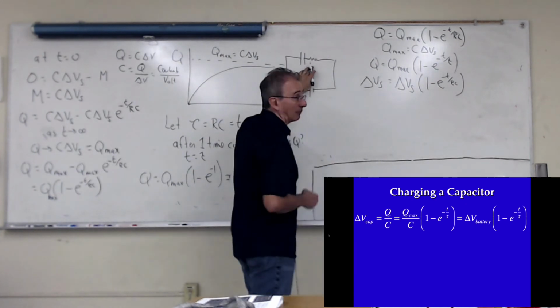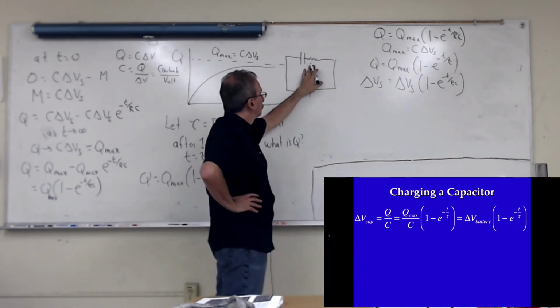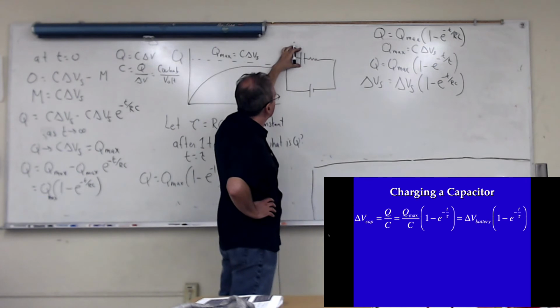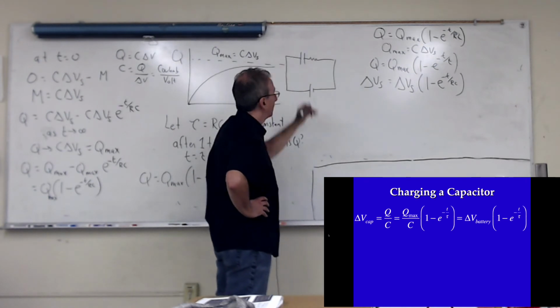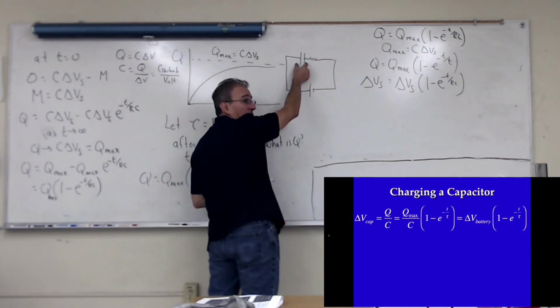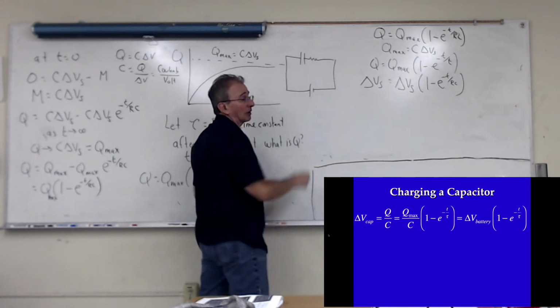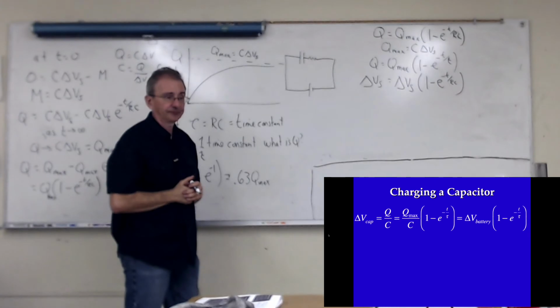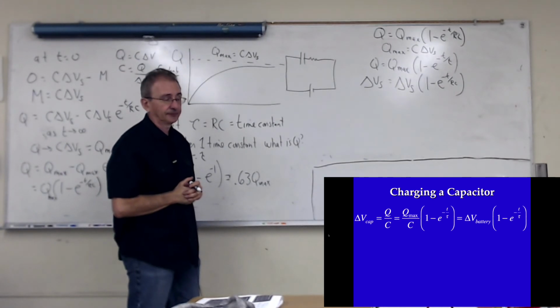After a long time has passed, no more current flows because this thing is fully charged. And so the voltage drop across the resistor is 0, and the voltage drop across the capacitor is equal to the power supply voltage.